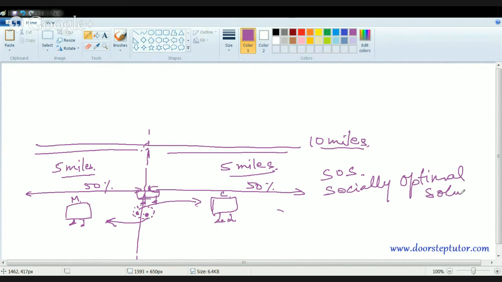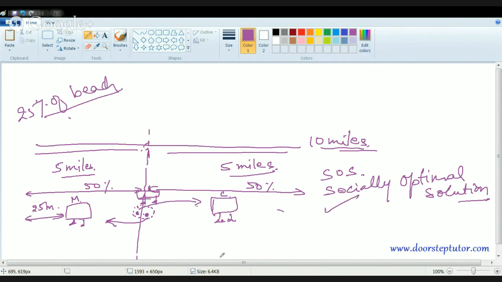Because in either case, the person who is looking for ice cream has to walk only 25% of the beach. Okay, so if I say of this 10 miles, if a person is located at any point, he does not have to walk more than 2.5 miles in order to get the ice cream. So this is a position which is known as the socially optimal position.